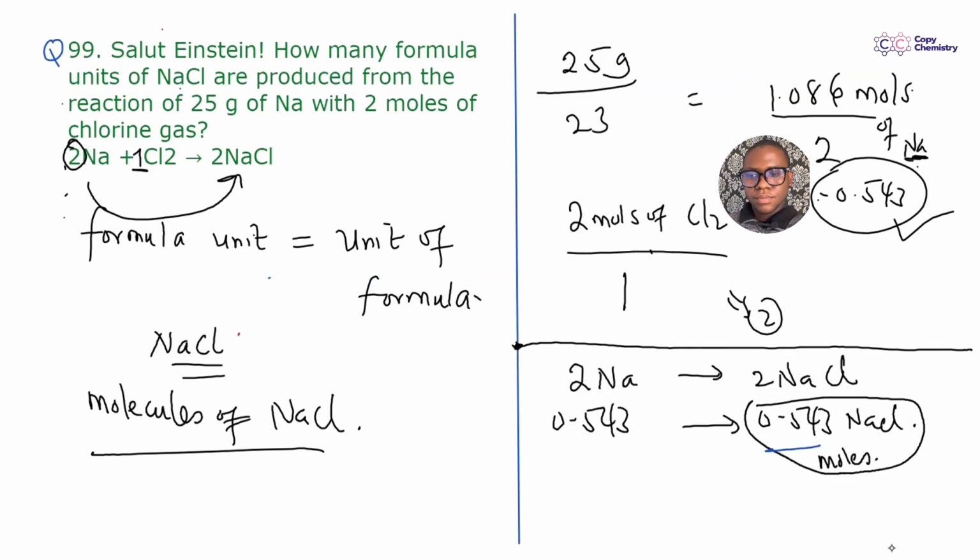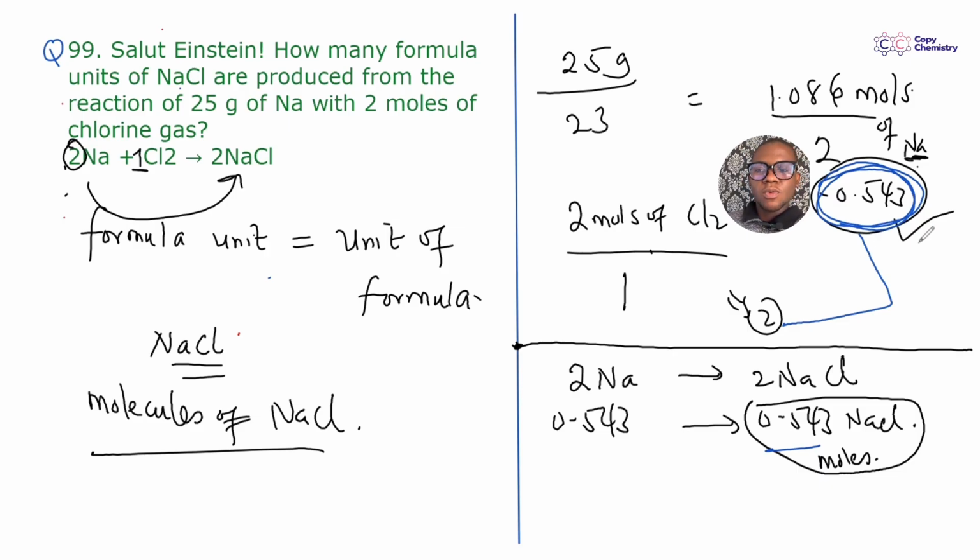Or will you? No, you will not, and that's because there's a mistake here. This 0.543 that we got was what we did because we wanted to find out the limiting reagent, right?